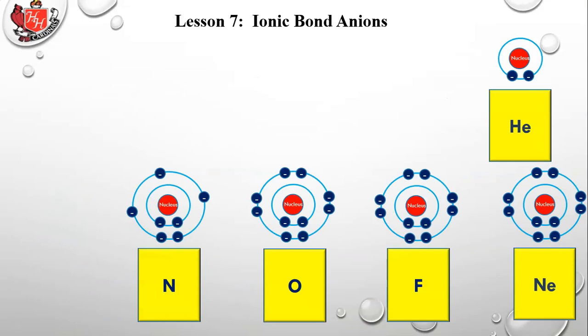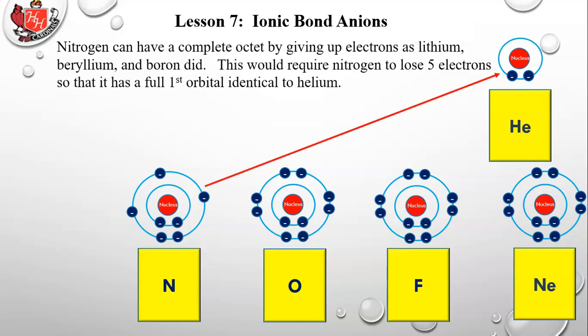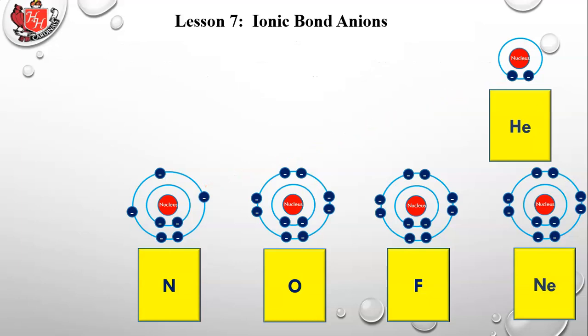Now we're going to go on over to the right side of the second row. So nitrogen can have a complete octet by giving up electrons as lithium, beryllium, and boron did. This would require that nitrogen lose 5 electrons so that it has a full first orbital identical to helium. But you notice nitrogen is closer to the right side of the periodic table. It's closer to neon than it is to helium.